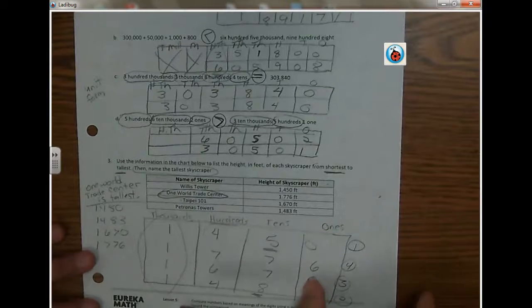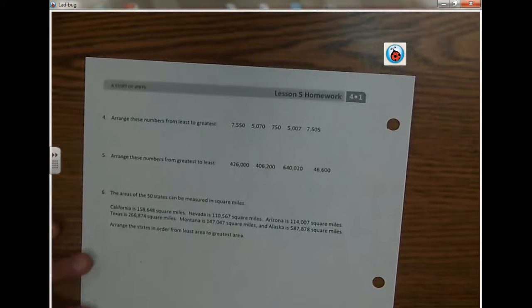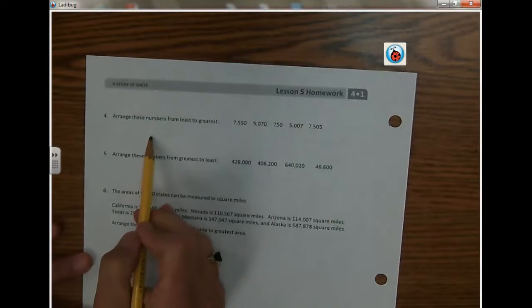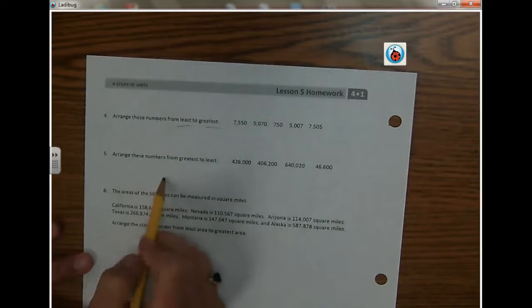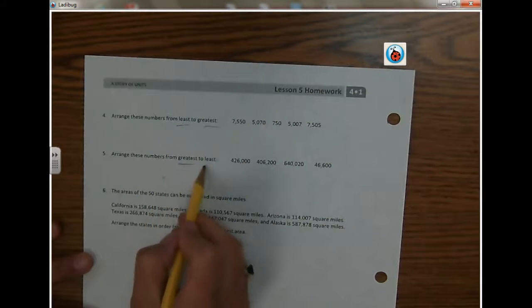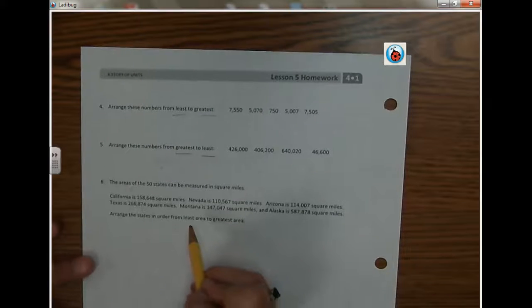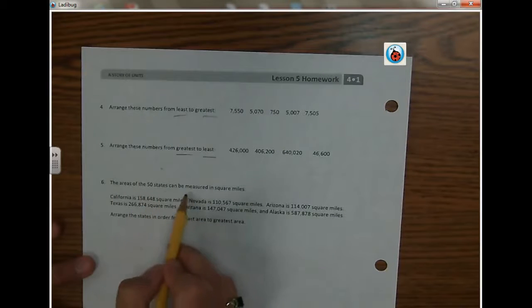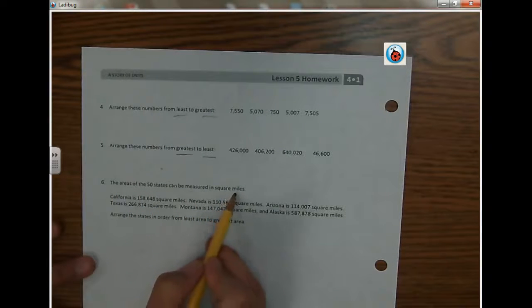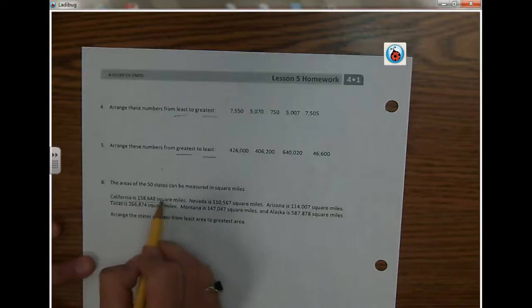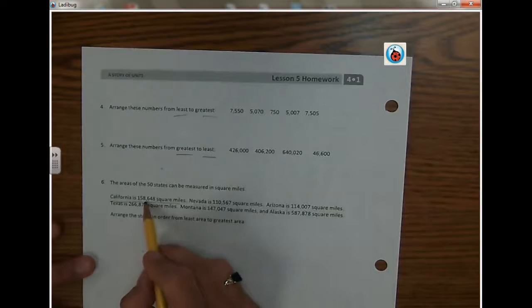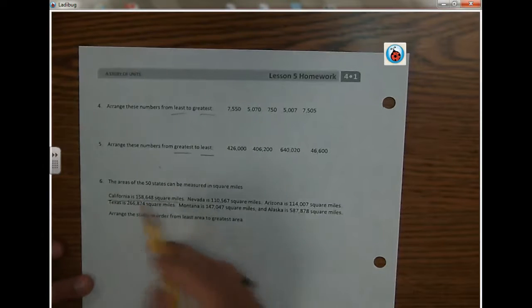Okay, let's go ahead and turn over to the back. I want you to arrange these numbers from least to greatest. Arrange these numbers from greatest to least. Okay. The areas of the 50 states can be measured in square miles. Here's California, square miles.